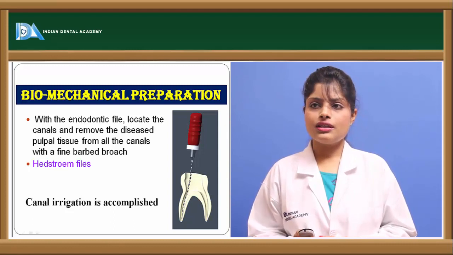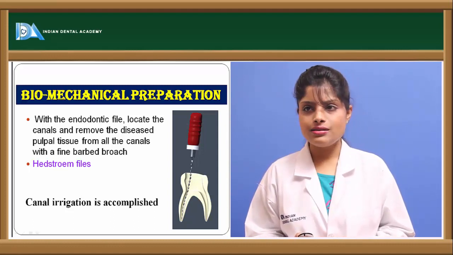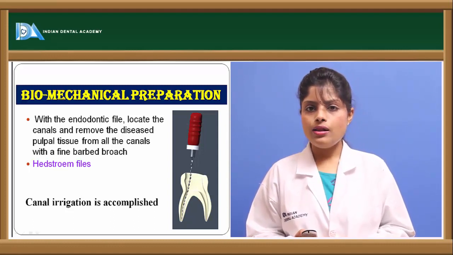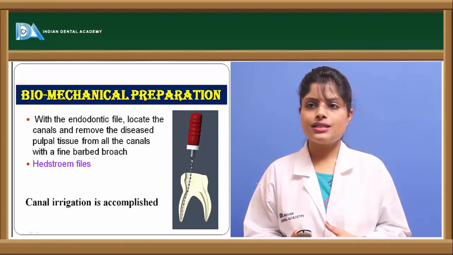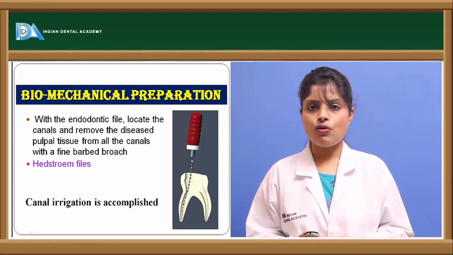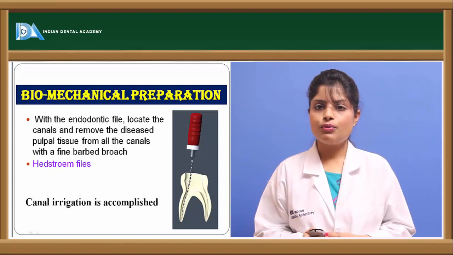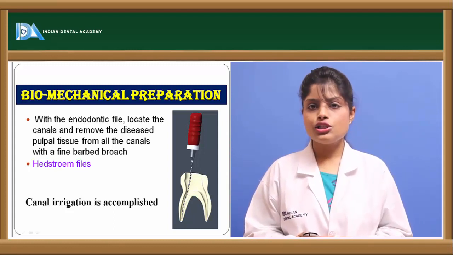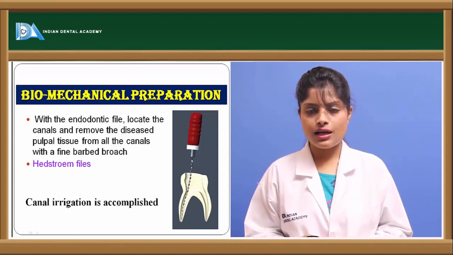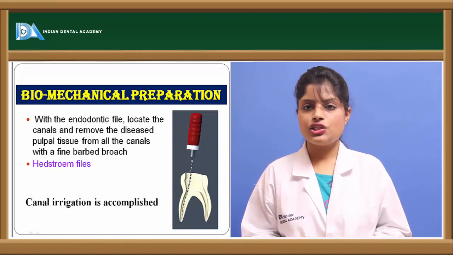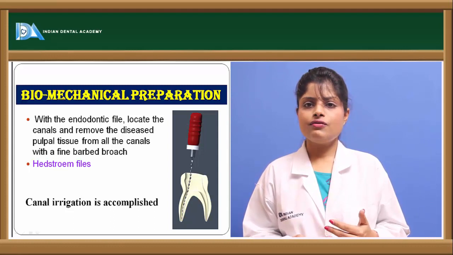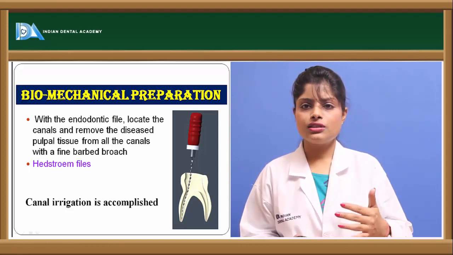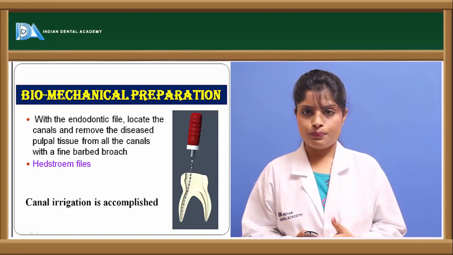First, with the endodontic file, we locate the canals and all the pulpal tissue is extirpated by means of a fine barbed broach. After the tissue extirpation is done, we go for circumferential filing, progressing from 8, 10, 15, 20, 25, 30 and further.